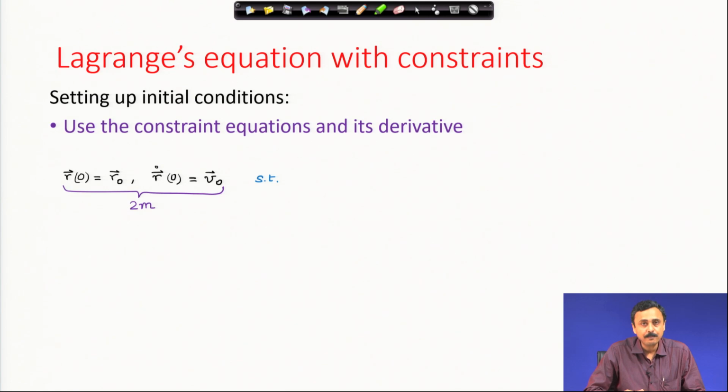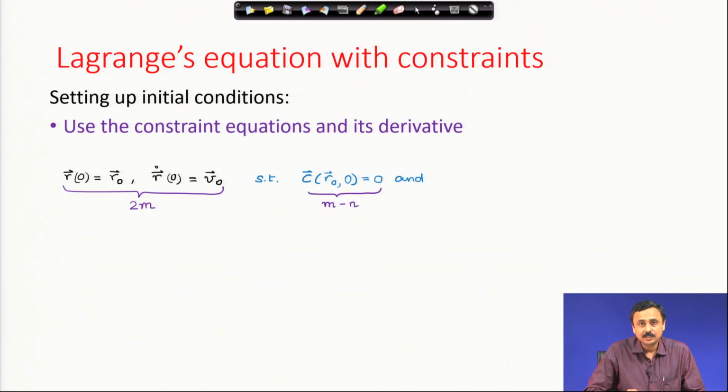Therefore, we have 2m initial conditions, but these are not independent. Why are they not independent? Because the initial position must satisfy the constraints. Further, the velocities must satisfy the constraints.